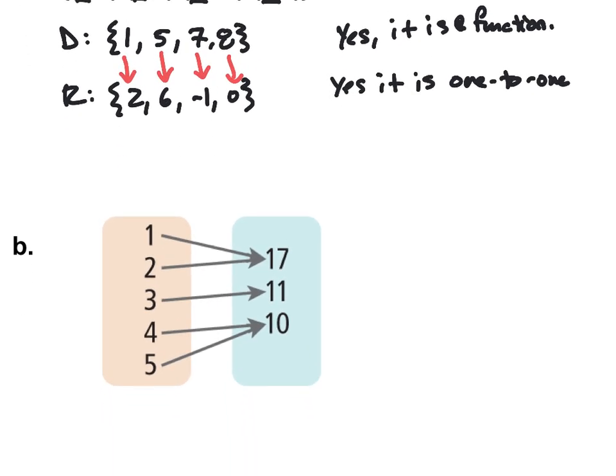Now, over here, this is called a mapping, down here for part B. And these are your x values, and these are your y values, okay? So what we see is that each x value, 1, 2, 3, 4, 5, corresponds to just one y value, right?